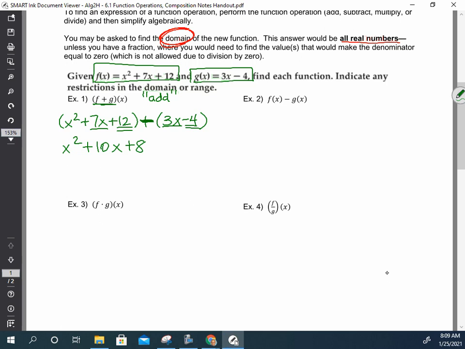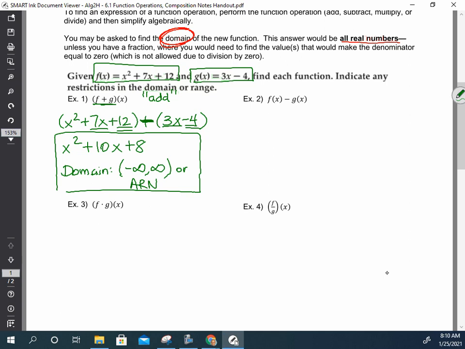So there's your function. As far as the domain goes, there's no fraction to speak of, so negative infinity, positive infinity, or all real numbers. That's pretty much how you go about doing your business.